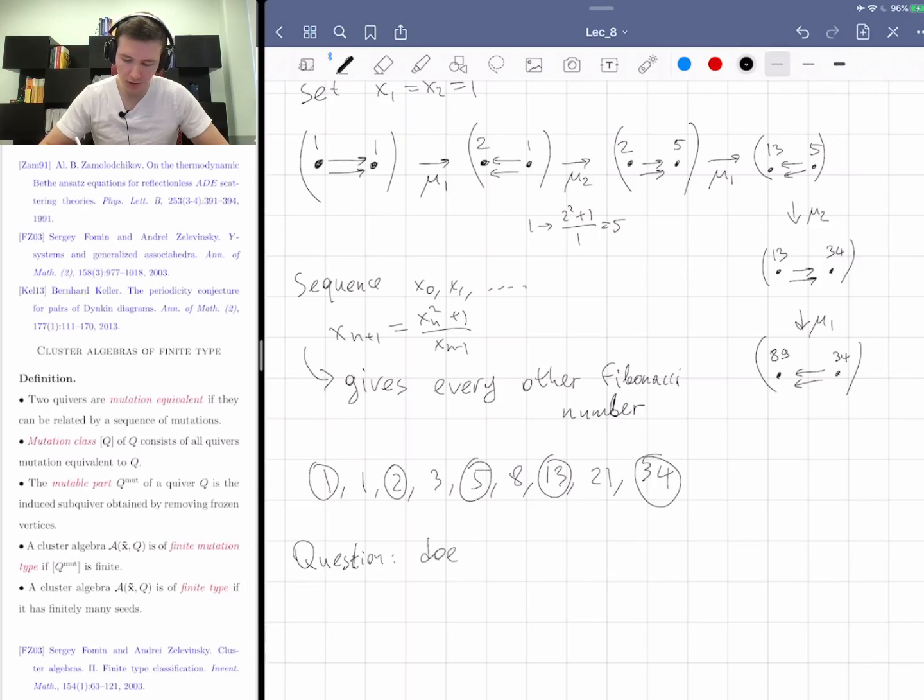Does this sequence xn satisfy a linear recurrence? Yes. Okay. Can you tell me which one? Or can you tell me why?